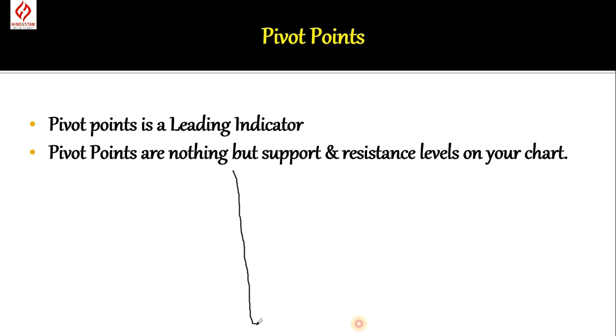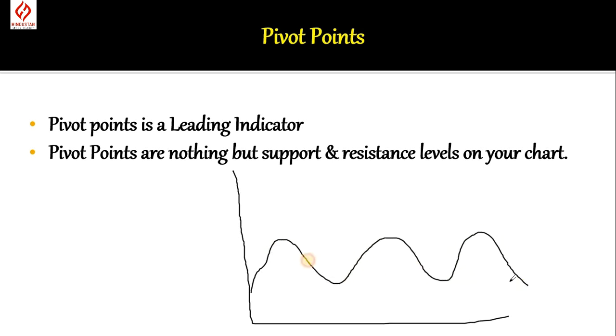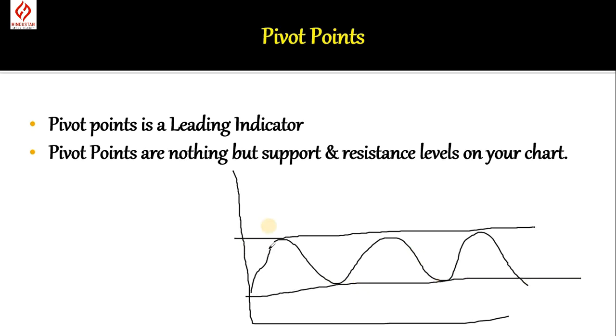Let me draw a chart. This is your chart, and the market opens somewhere around here and it keeps moving like this, right? Based on this we can draw support and resistance levels. This is your resistance level and this is your support level. See, the stock is moving like this, it opens somewhere around here and moves like this.